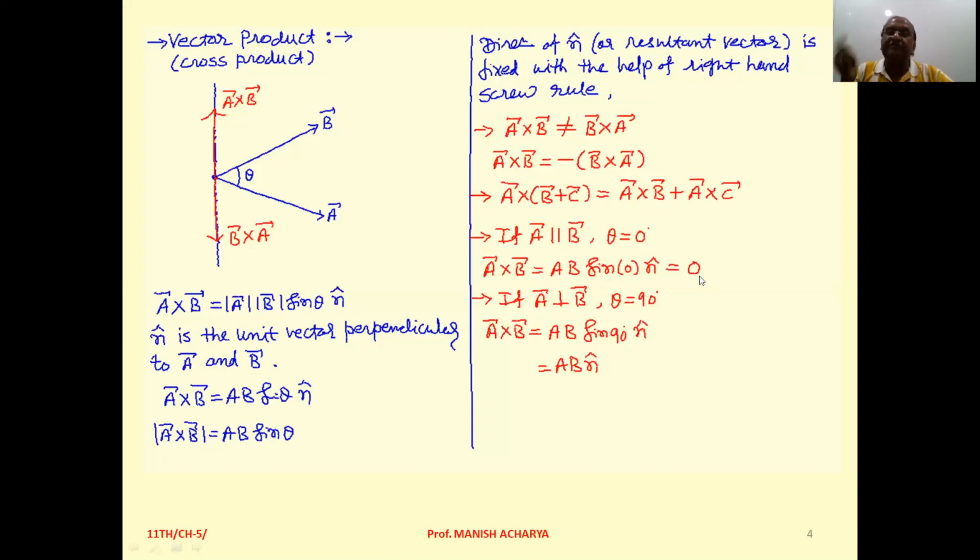Or we can say if the cross product is 0, then both the vectors are parallel to each other. If two vectors A and B are perpendicular to each other, then theta is 90. So vector A cross vector B is AB sine 90 into n caret. So that is AB n caret.